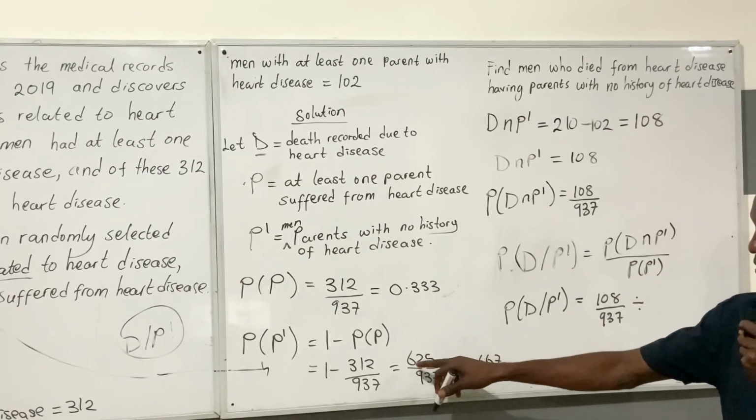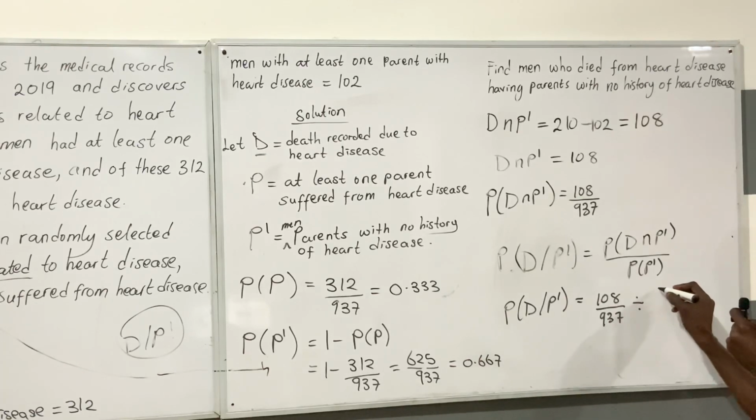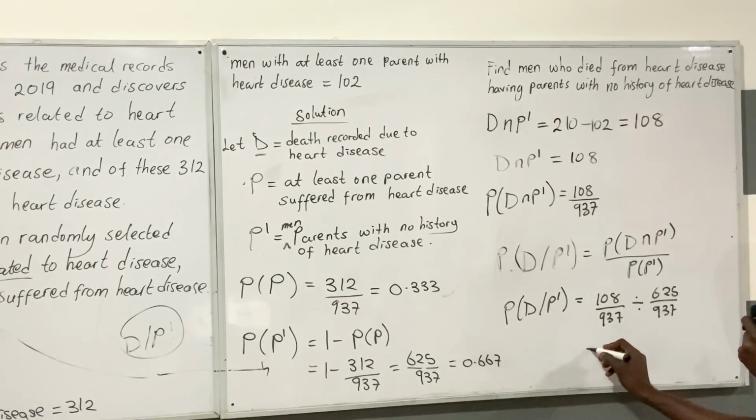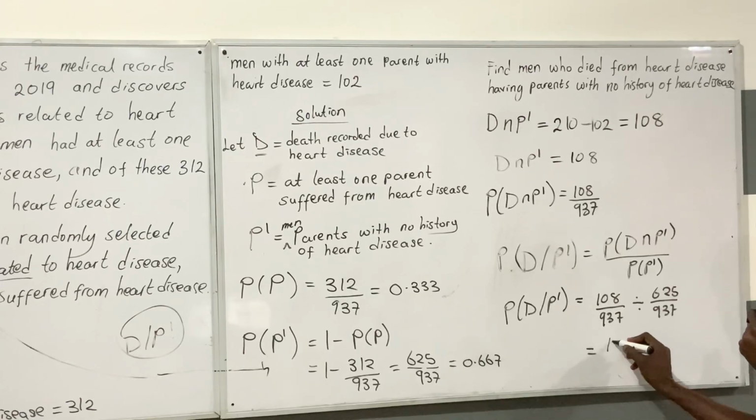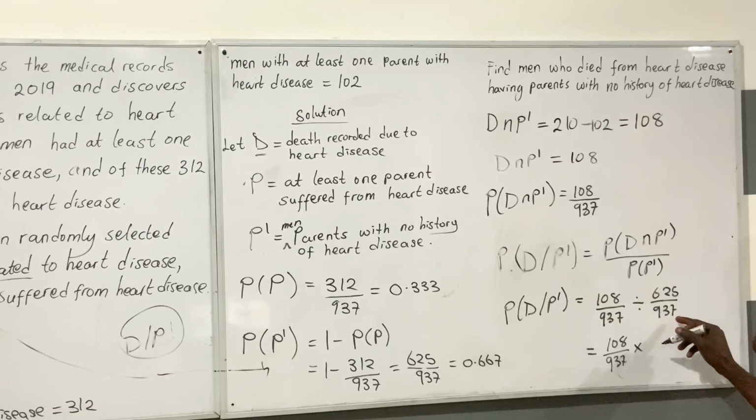What did we get? 625 over 937. This is the same as, I'll change this to multiplication. So I have 108 over 937 times, we reciprocate this side, 937 over 625.